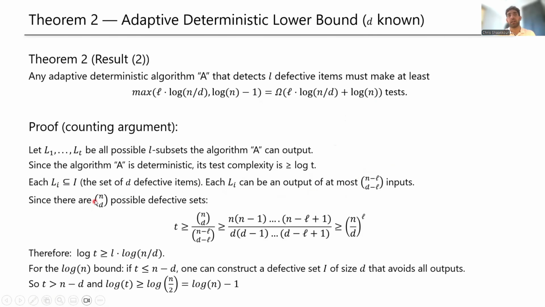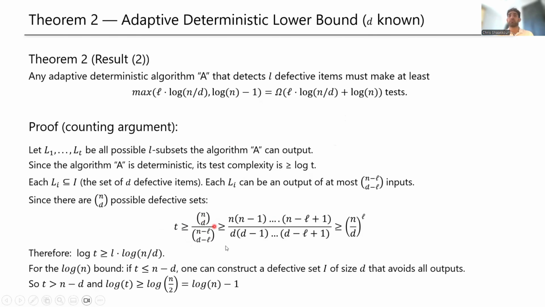And since there are (n choose D) possible defective sets, we can say that T is greater than the size of all these unique subsets, which is basically the division between the total number of sets, (n choose D), divided by all the possible options, which is (n minus L choose D minus L).